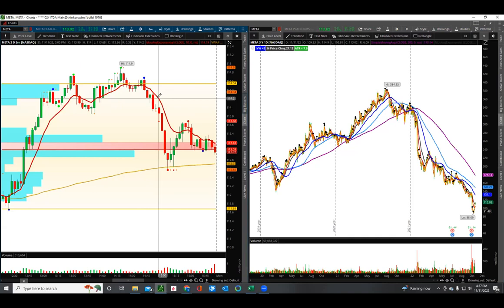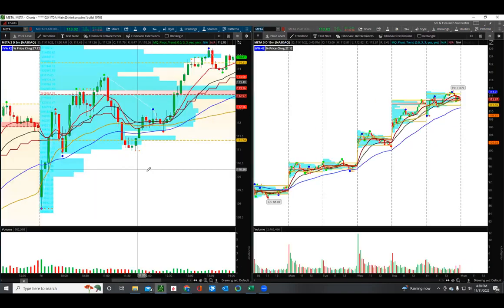I also look at the 20 EMA, both on a daily chart and on an intraday chart. So let me go into a different chart here. Here's a 5-minute chart, right? I took a bunch of stuff off the other ones just to keep it a little simpler for you. But here on this 5-minute chart, you can see the 10 EMA, red line, and the 20 EMA, the black line.